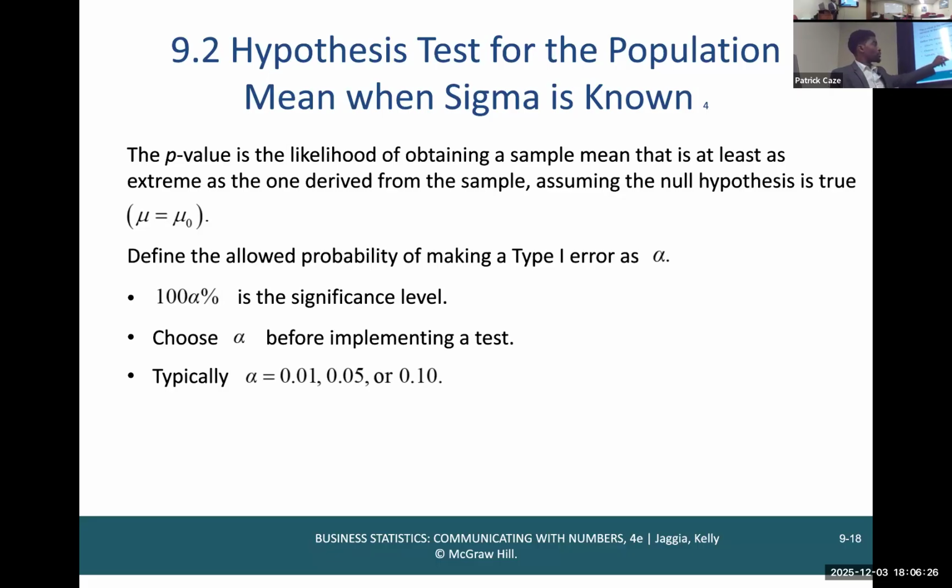Typically alpha equals 0.01, 0.05, or 0.10. 0.10 is pretty weak. We don't use that very often. It's not that it's not recommended, it's just not the norm.